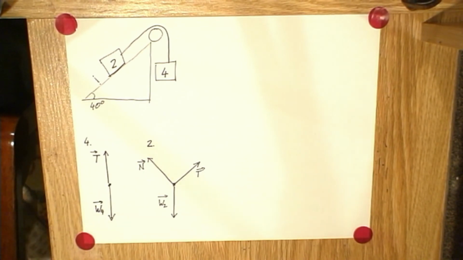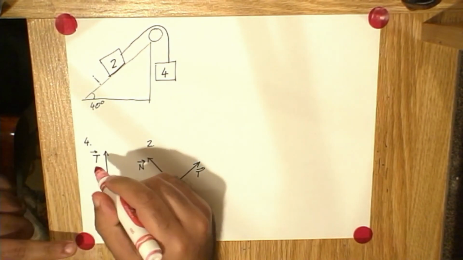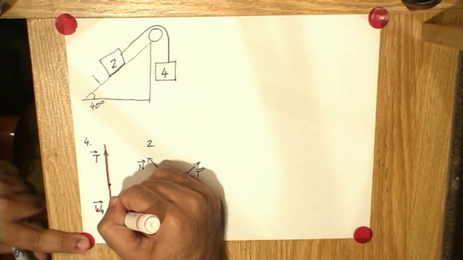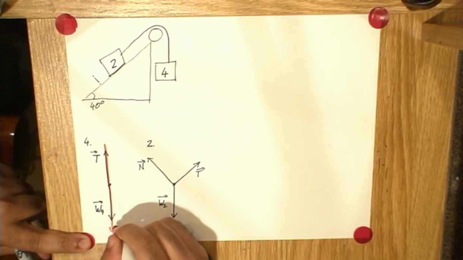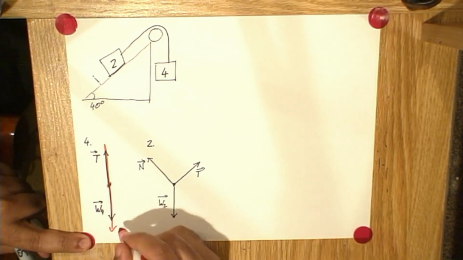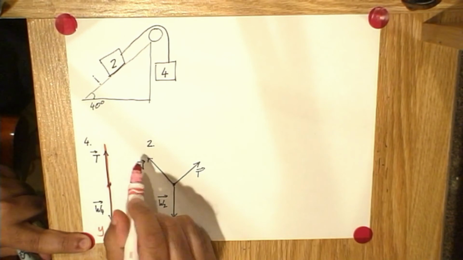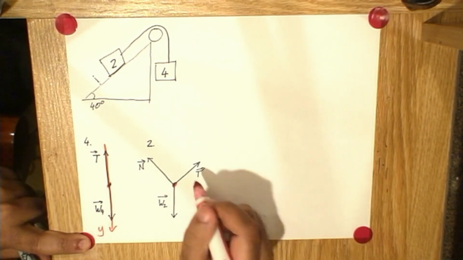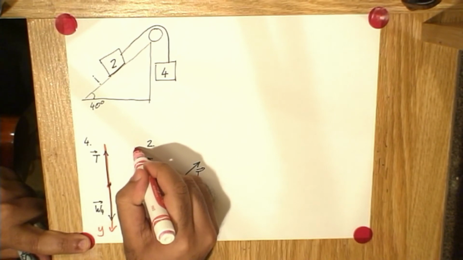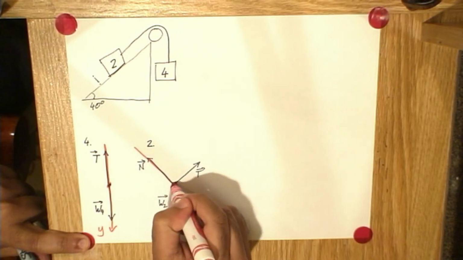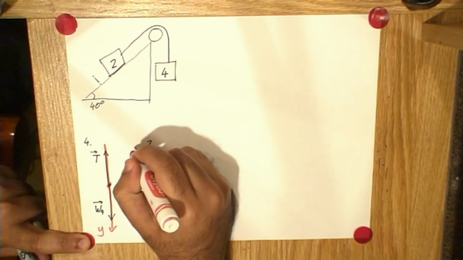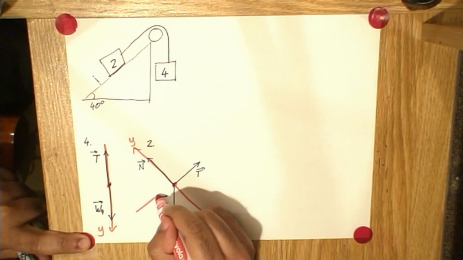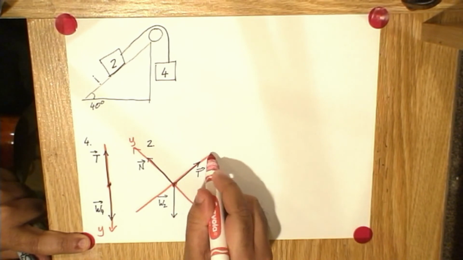Now let's set the origin and the axes. For the 4 kilogram object, I'm going to set my y-axis to point downwards, with the origin obviously being at the spot, as it always is in any force puzzle. For the 2 kilogram object, I will set my y-axis to be in line with the normal force, as occurs in any ramp, and the x-axis to be in line with the tension force.